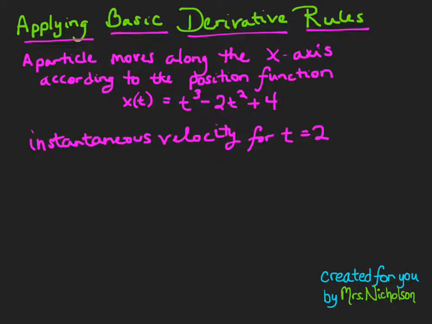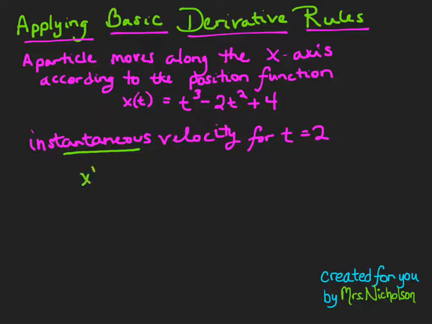Well, we have a note card that reminds us that instantaneous rate of change simply means derivative. And so instantaneous velocity, that's the same as instantaneous rate of change, which means what I'm looking for here is the derivative of this position function at t equals 2.